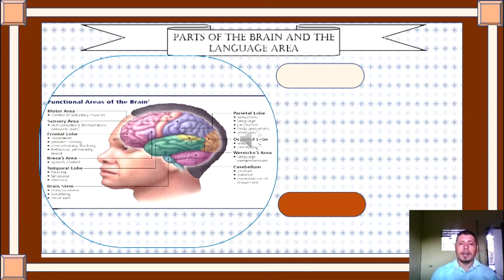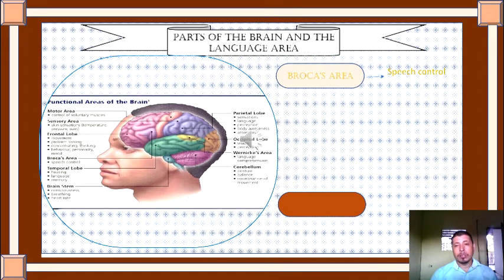So we can see here the parts of the brain most related to language are the parietal lobe, then we have Wernicke's area, the temporal lobe, and Broca's area that is in the frontal lobe. So all these parts right here are related to language. Now, we're going to continue, and we have Broca's area. And in Broca's area, as I just mentioned, is the speech control.